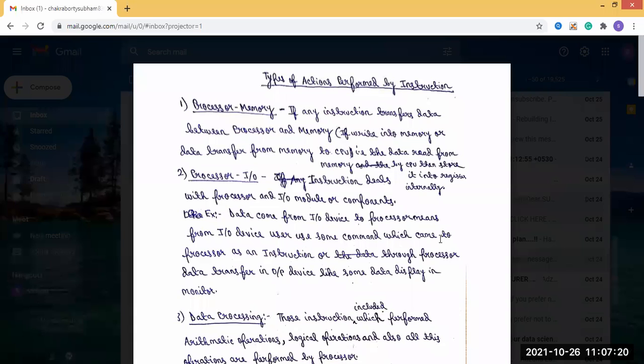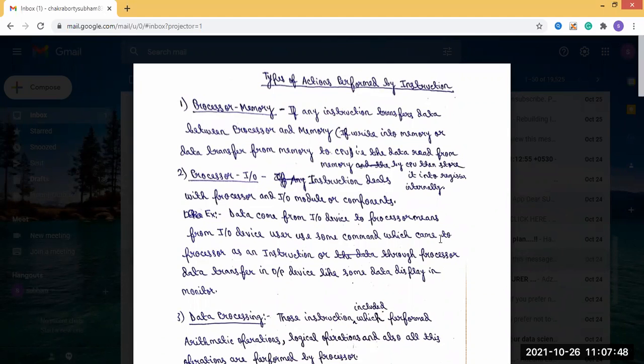That means the data will be transferred between processor and memory. So what are the two types of operations we have seen? Memory write and memory read. So these memory read and memory write operations will be performed.